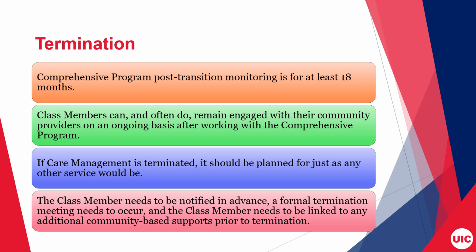The care manager can effectively set the member up for success in this endeavor by properly planning for termination. Termination of care management service any time prior to 18 months should be communicated to and coordinated with the class member's assigned quality monitor and UIC College of Nursing.